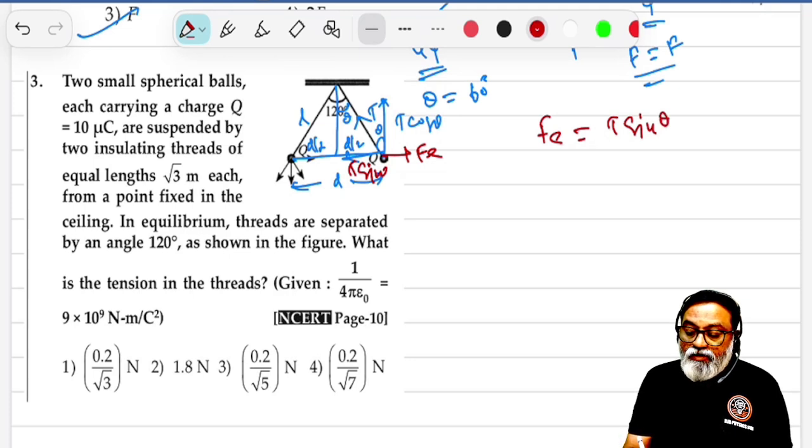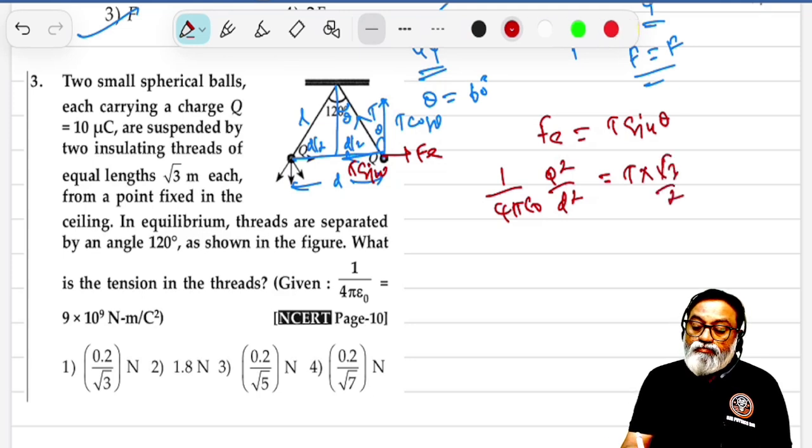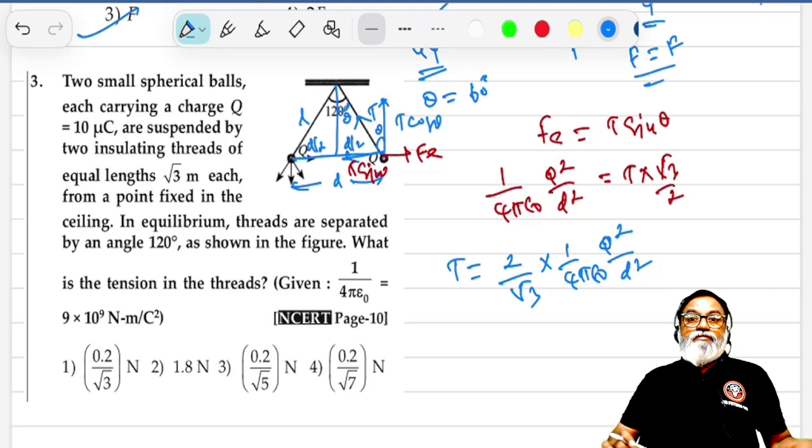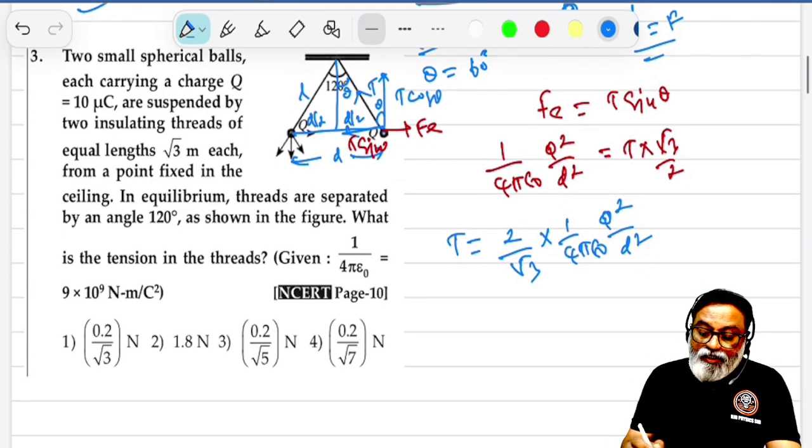Fe means 1 by 4 pi epsilon Q into Q, Q square by d square, is equal to T into sin 60, that is √3 by 2. Then from this T is equal to 2 by √3 into 1 by 4 pi epsilon Q square by d square. Here we have to find out d.